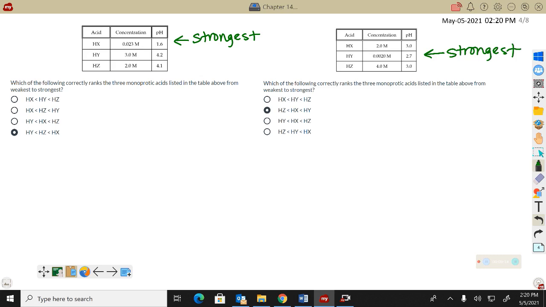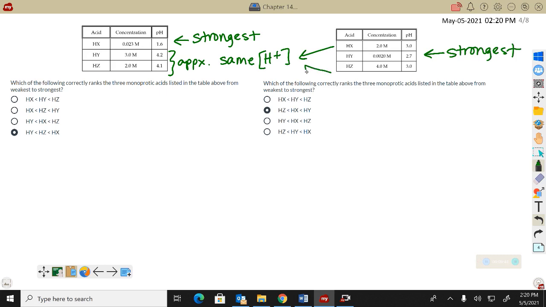But one of the solutions is more concentrated. So if they have the same amount of hydrogen, these guys are approximately the same hydrogen concentration. And same thing could be said about these guys.